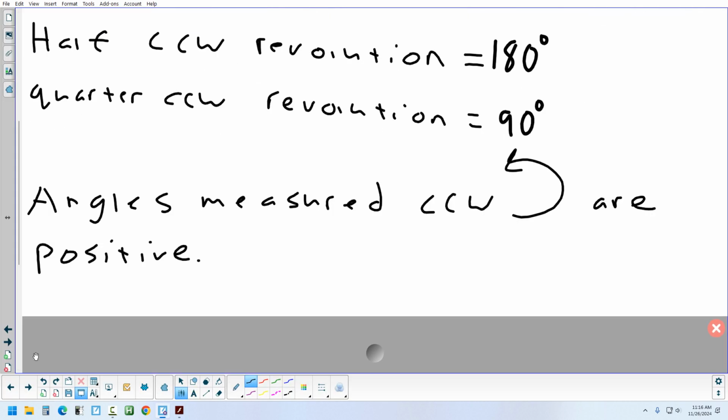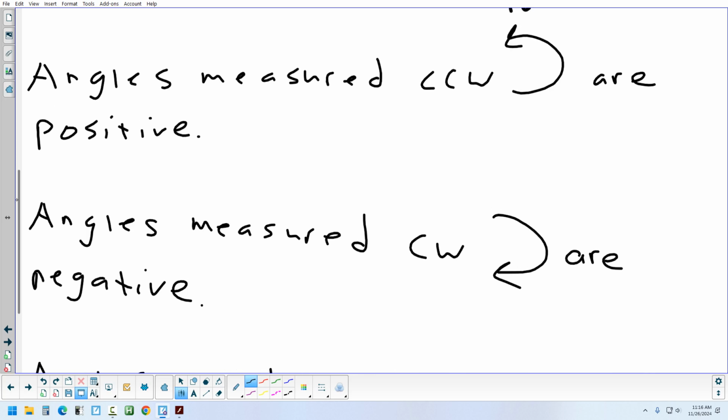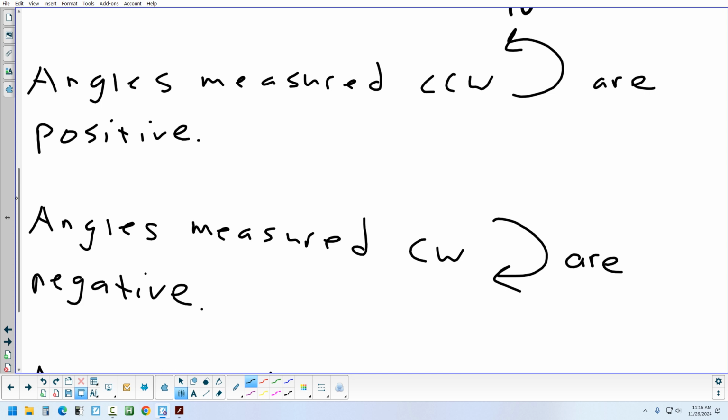Angles measured in a counterclockwise direction are positive. Angles measured in a clockwise direction are negative. I'll diagram it in case you're not sure which way is which. And what will happen to my angle if I go around more than one rotation, let's say counterclockwise?